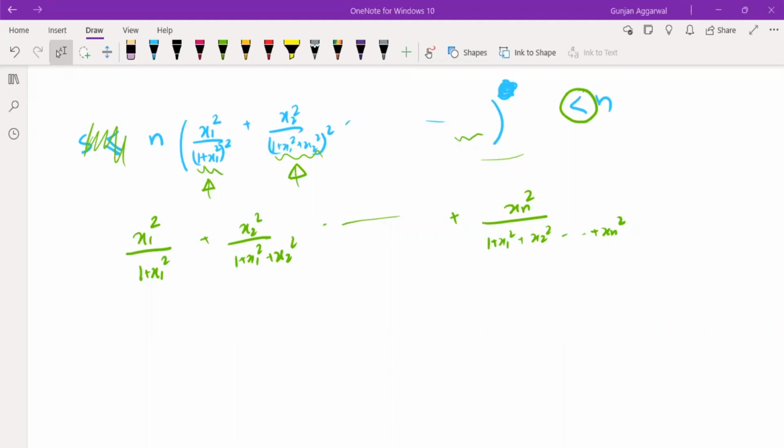Or we could write 1 plus x, but I think this is false because x1 all 1 just gives us harmonic, and that can get as big as we want.